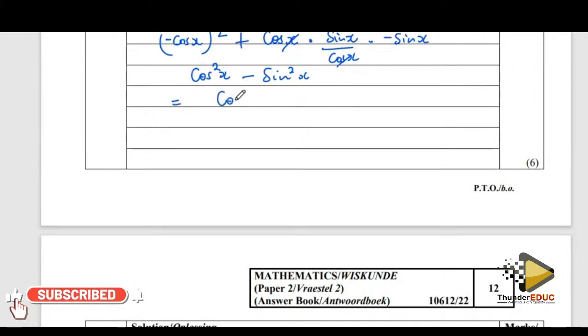Okay, and then the cos of (90 plus x) must always give us a negative sine x, since those are complementary angles. So what we see is that this is going to give us a cos squared x. This is going to cancel that, and then we have negative sine squared x. So cos squared x minus sine squared x, this is a double angle of cos. So that's the same as cos 2x.